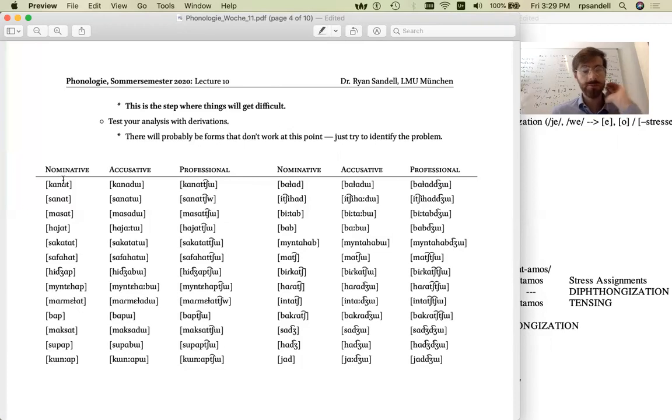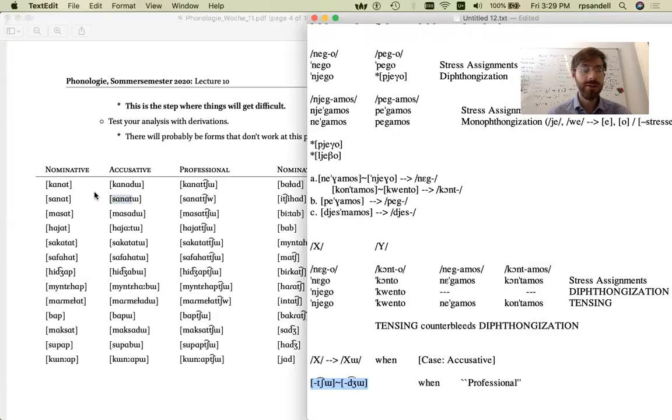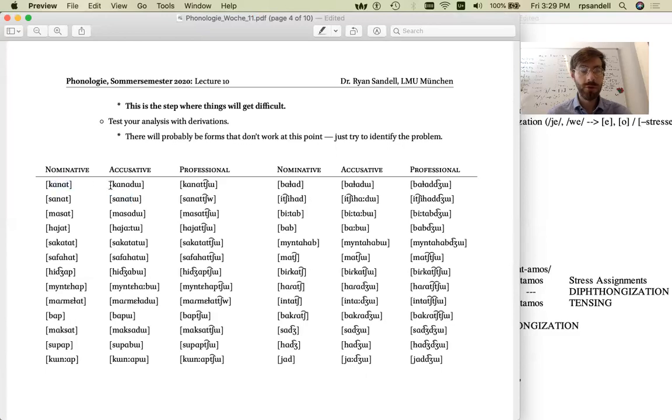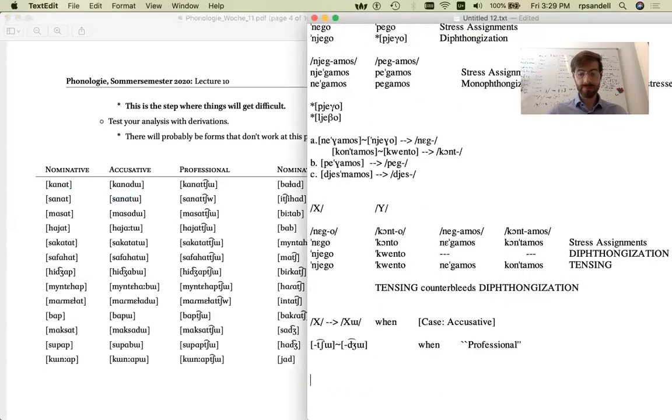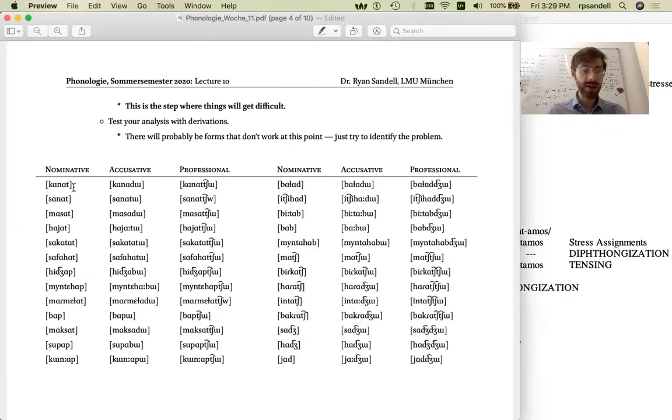So when we look at the first three forms in the data, kanat, kanadu, kanachu, balad, baladu, balaju, baladju, and sanat, sanatu, sanatchu, we see three different patterns already in the stem. This first word exhibits allomorphy in its stem form.